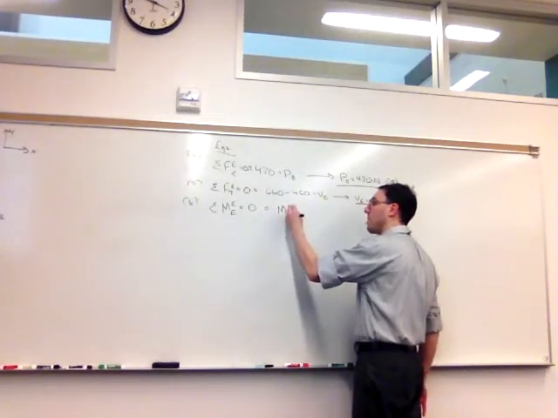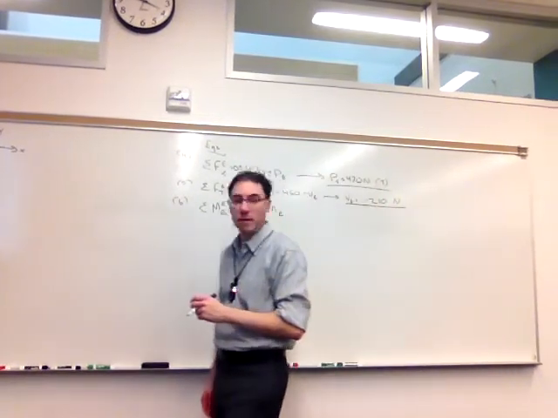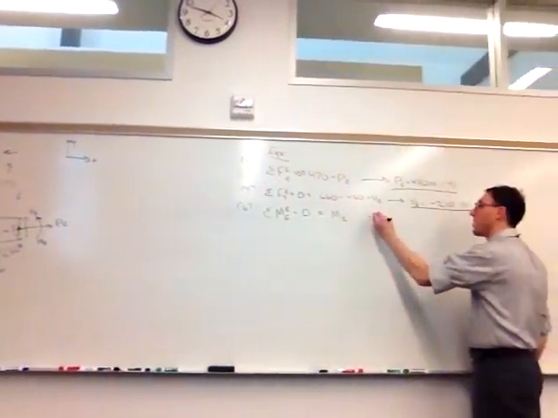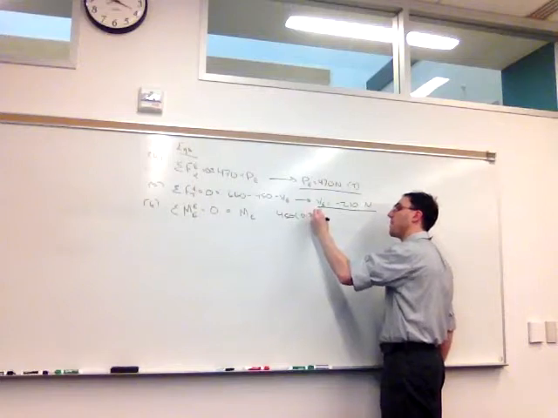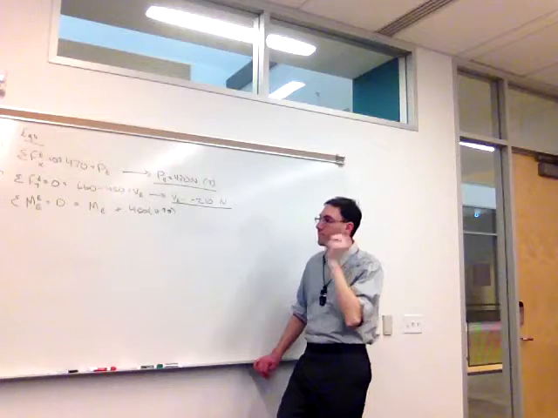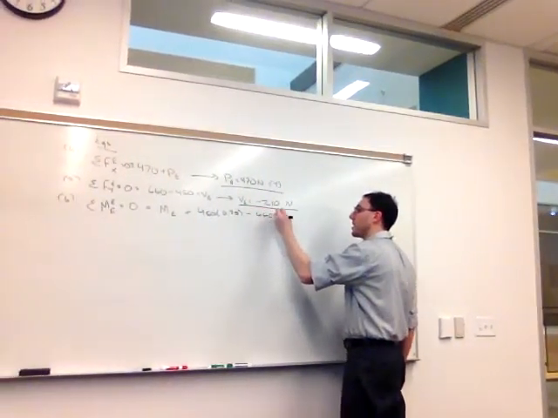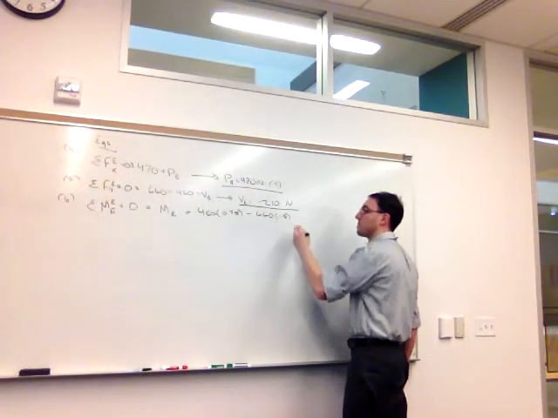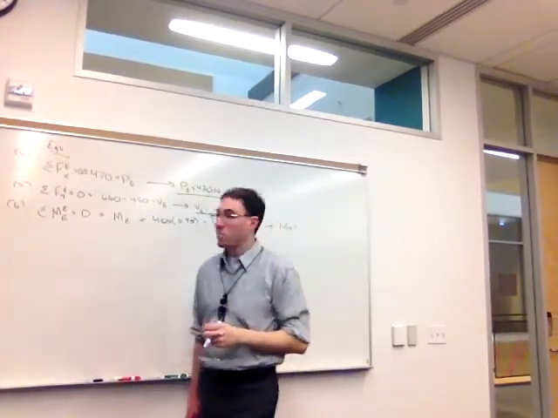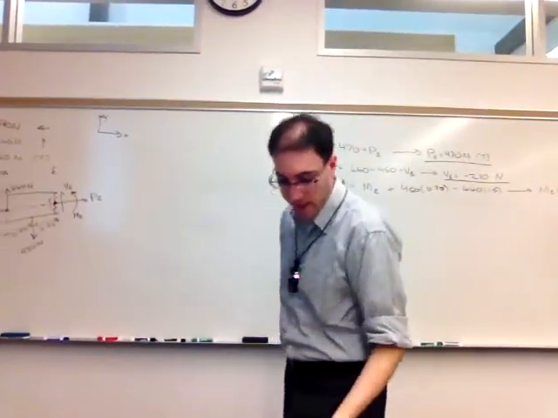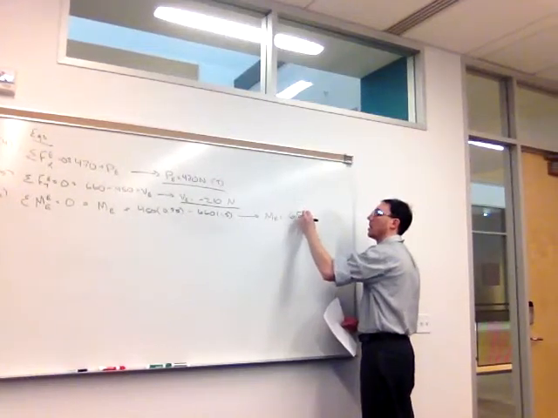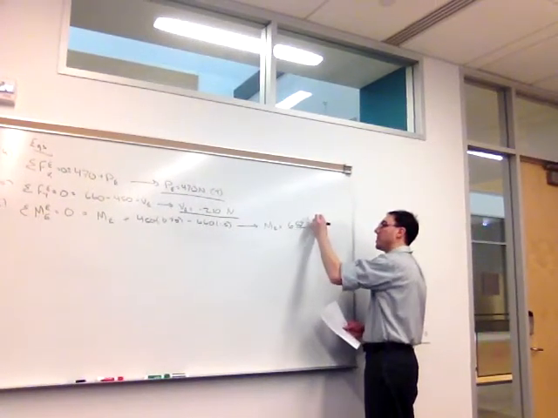I have the internal bending moment, which I need to solve for, M sub E. I have, from the distributed load, a force of 450 newtons, a distance 0.75 meters away, counterclockwise around point E, and minus 660 times 1.5. So the internal bending moment at point E is a positive 652 newton meters.